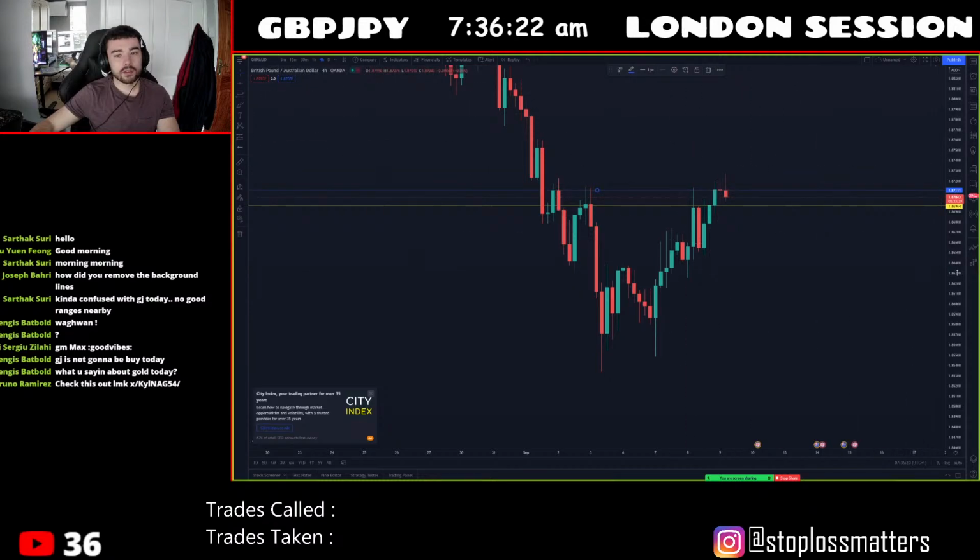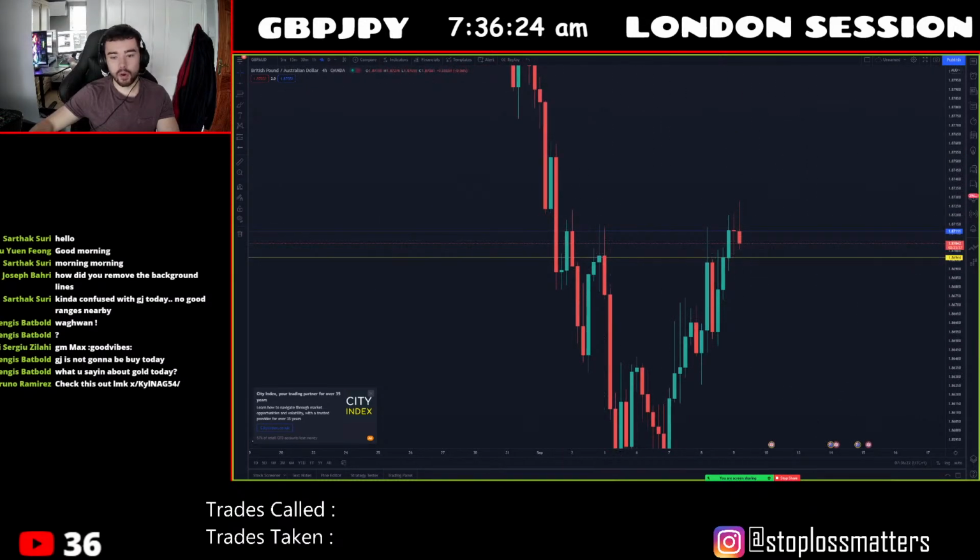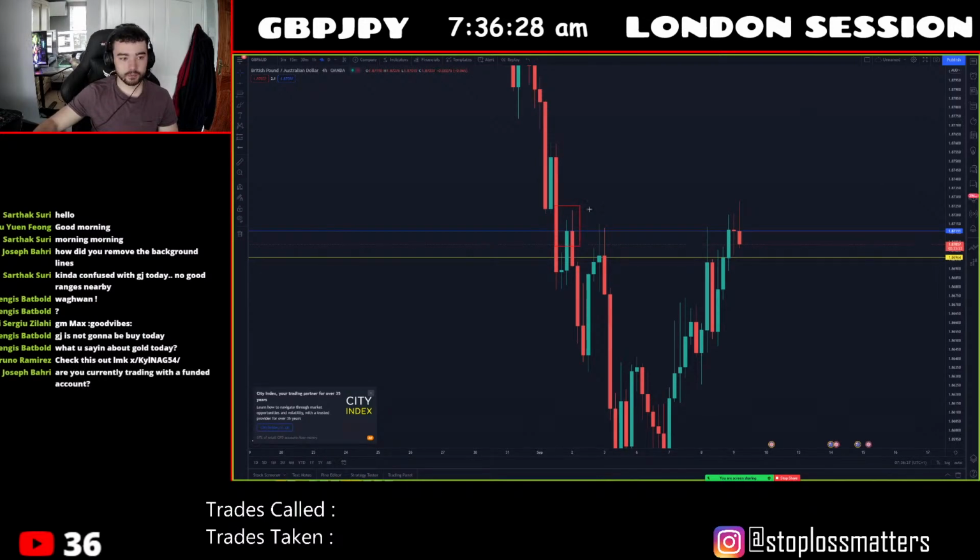Wow, look at this, it's on 4 hour resistance. If you do get closes above 1.87111, it's going to be pretty decent to come and retest these highs over here and continue on.